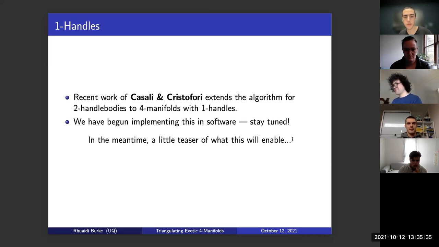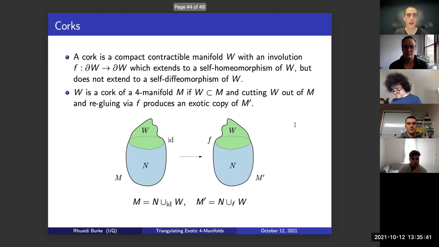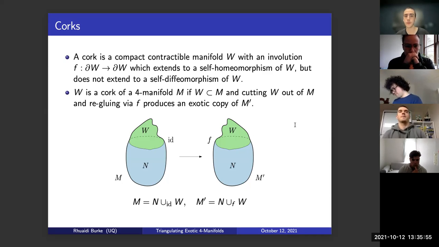But in the meantime, just to finish off, here's a little teaser of why this is a big deal, which is corks. Okay, so I said before, corks are basically what we understand to be the core bit of the four-manifold which gives rise to exoticness. So it's a compact contractible manifold with an involution on its boundary, such that it extends to a self-homeomorphism of the cork, but not to a self-diffeomorphism.